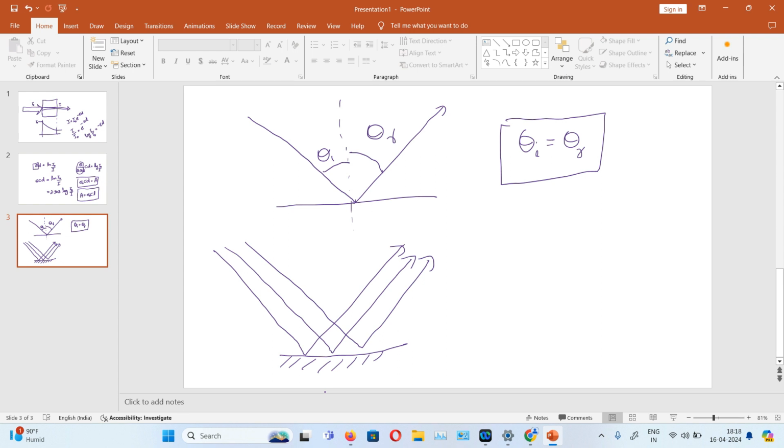Now see the reflection which happens on some irregular surface. What happens? We will not see any images.